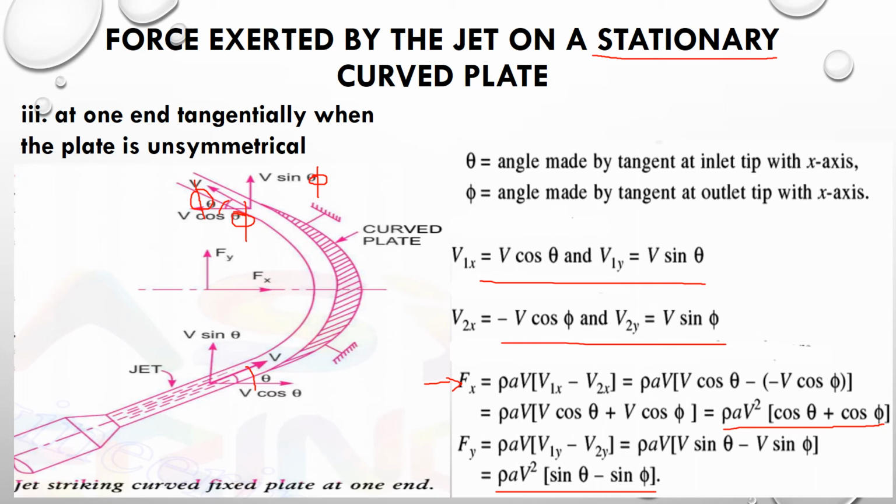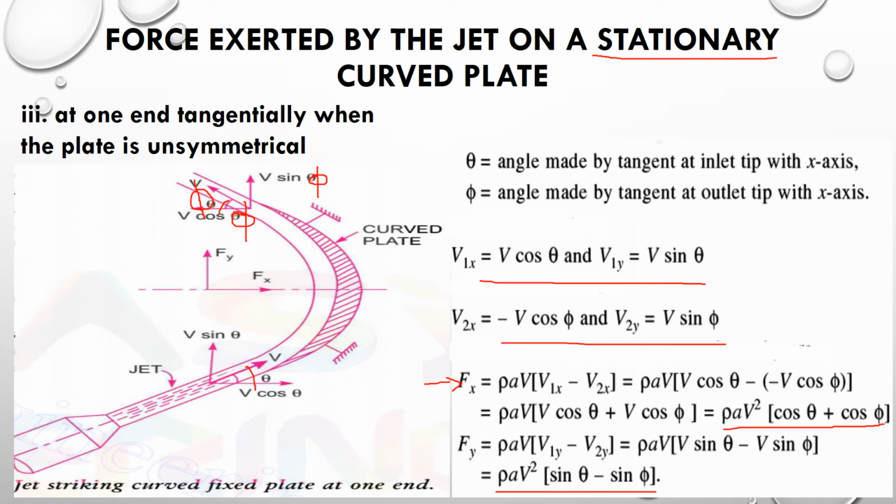Then the plate was inclined. Then the plate was curved. In the curved case itself, there were three sub cases: hitting the curved plate at the center, then hitting the curved plate at one end tangentially with the plate symmetrical, and again the last case that we have discussed just now, hitting the curved plate tangentially, but the plate is unsymmetrical.